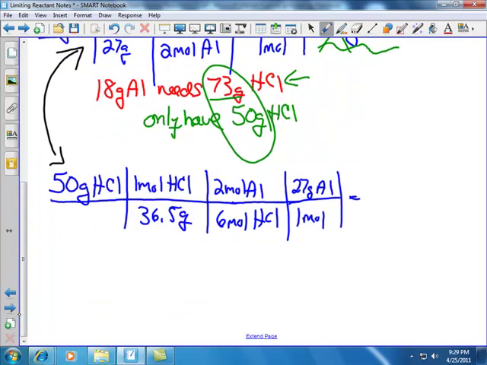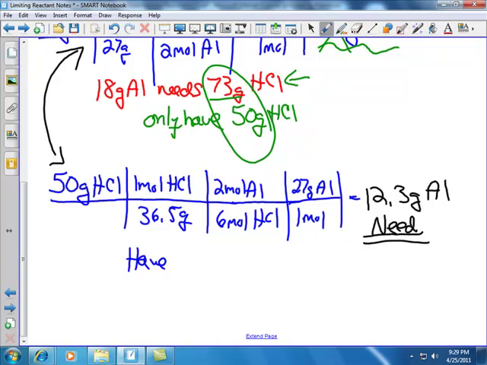So now, when I calculate this out, what you'll find is you're going to get 12.3 grams of aluminum. And again, this is what you need. Now, go back. What do you have? You have 18 grams of aluminum. You only need 12.3 grams.